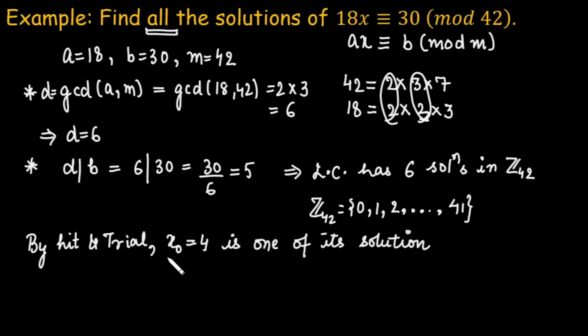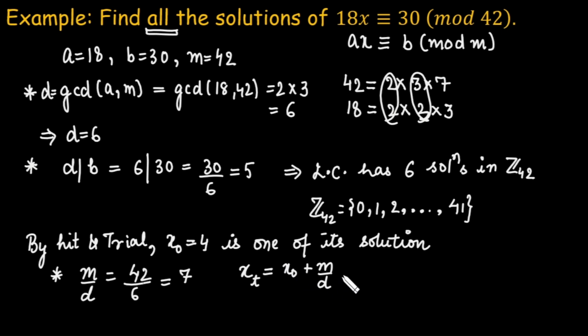Now the rest of the solutions are easy to evaluate. What we need to do is find m by d. What is m by d in this case? That is 42 by 6, which is equal to 7. After that we will use the expression: the next solutions are written in the form x naught plus m by d into t.